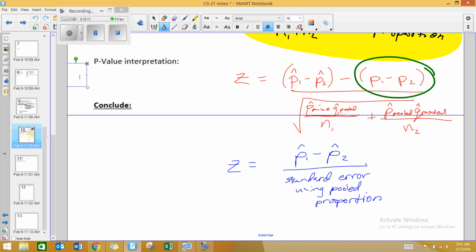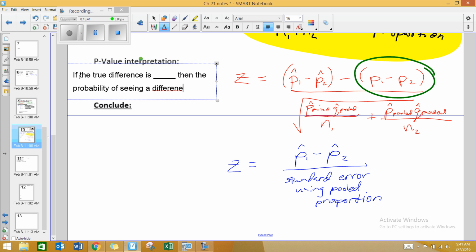The p-value interpretation is going to be: if the true difference is blank, then the probability of seeing a difference in sample proportions of blank is blank.